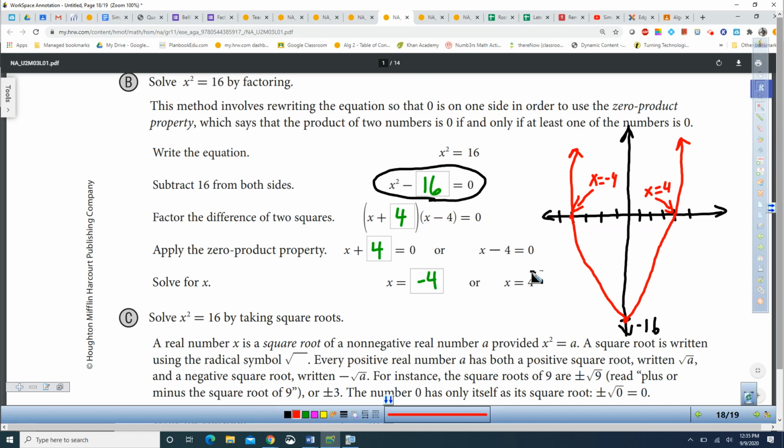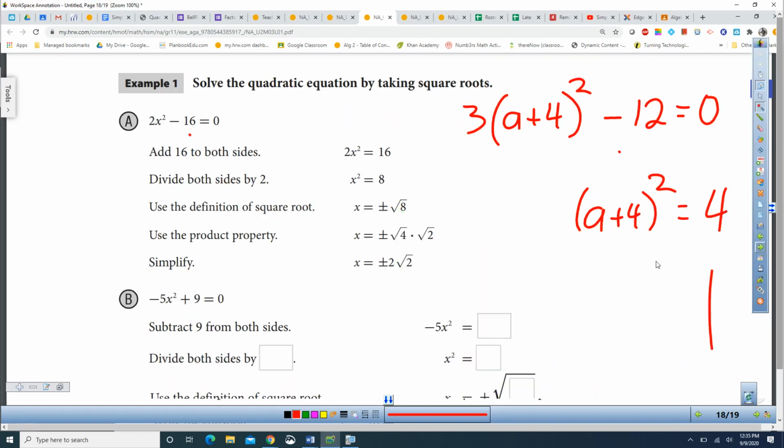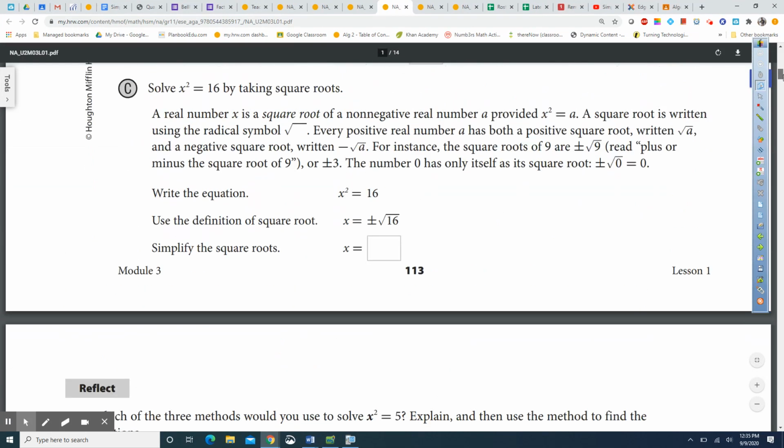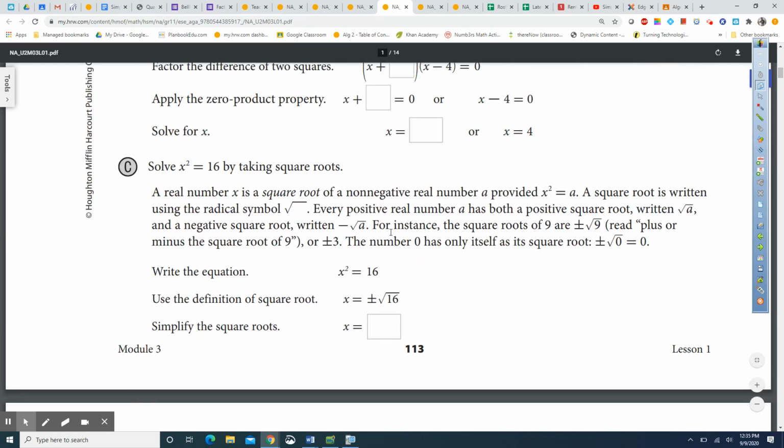Then the next method is to solve by square roots. So let's slide down here. The idea here is we're going to try to get this square by itself and then just take the square root. They didn't have a lot going on here.